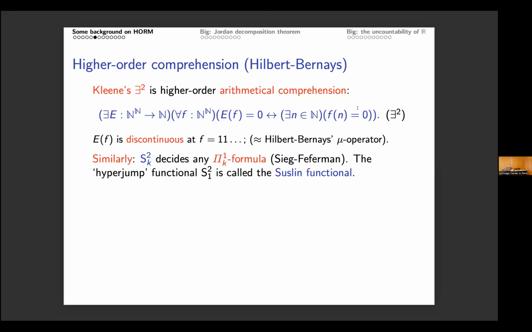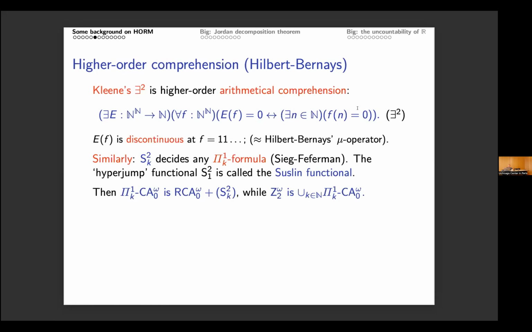The hyperjump is also called the Suslin functional. It can decide Pi 1 1 formulas. Pi 1 1 comprehension is, of course, a big thing. And then Pi 1 K comprehension omega is just the base theory plus S2K. And Z2 omega, you throw everything together.